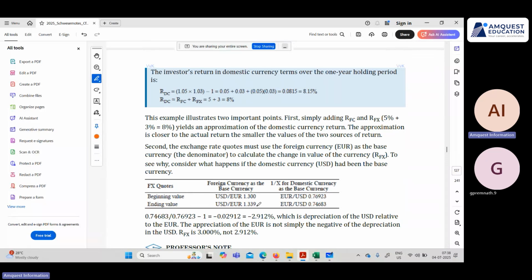From 1.3 to 1.339, it has appreciated. However, just by looking at this, we can say that if euro has appreciated, USD has depreciated. But reversing the sign would not help. If you really want to understand how much USD has appreciated, you will have to convert the two quotes again and then do the same calculation. Make sense?